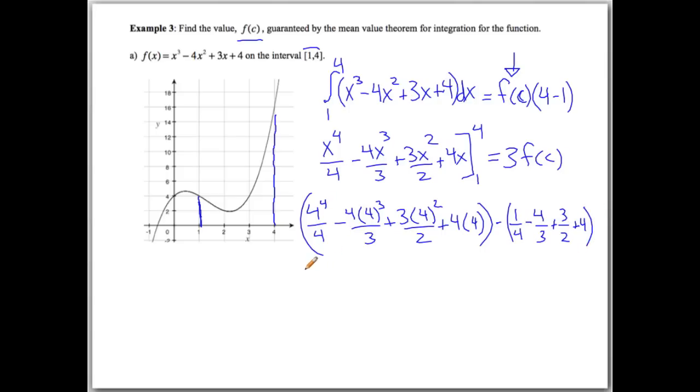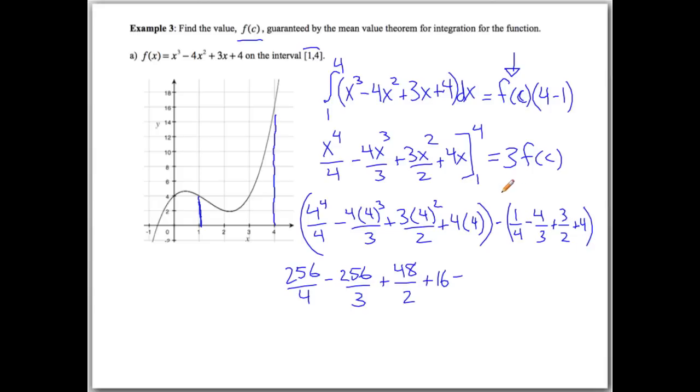4 to the 4th is 256. And then 4 times 4 cubed, well, 4 cubed times 4 is 4 to the 4th, so it's minus another 256 over 3. And 3 times 4 squared is 3 times 16, which is 48 over 2. And then plus 16, minus, add all this up right here.